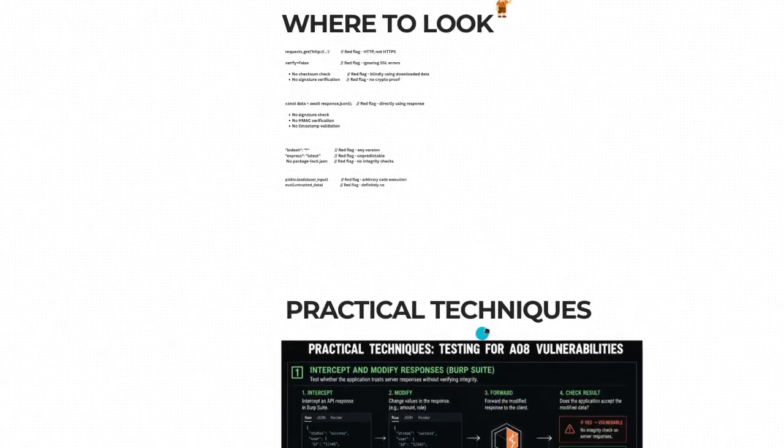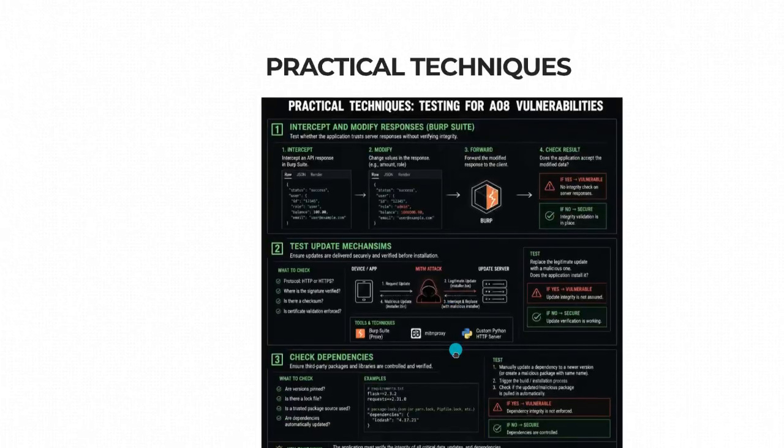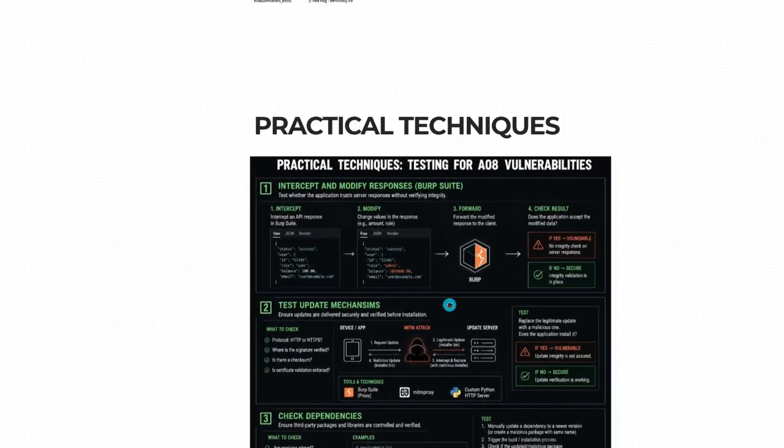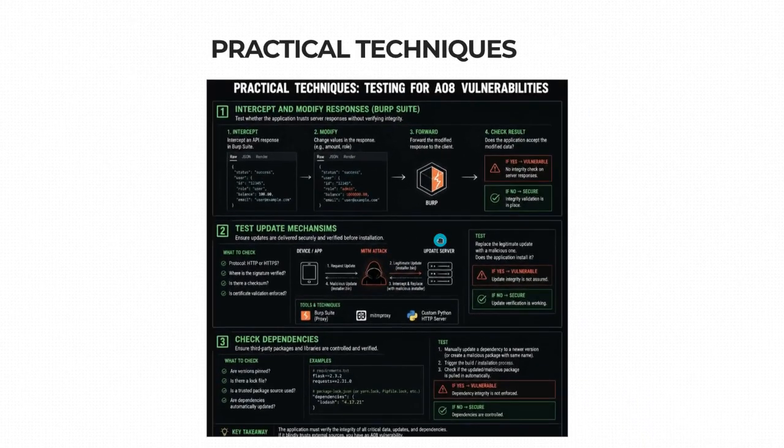So now let's talk about actual testing for this stuff when you're doing an assessment. When I'm looking for A08 vulnerabilities, I'm basically doing three things. First, I'm using Burp Suite to intercept the response. I will intercept an API call, modify the response data, change the number, change this thing, whatever, and I see if the application accepts it or not.